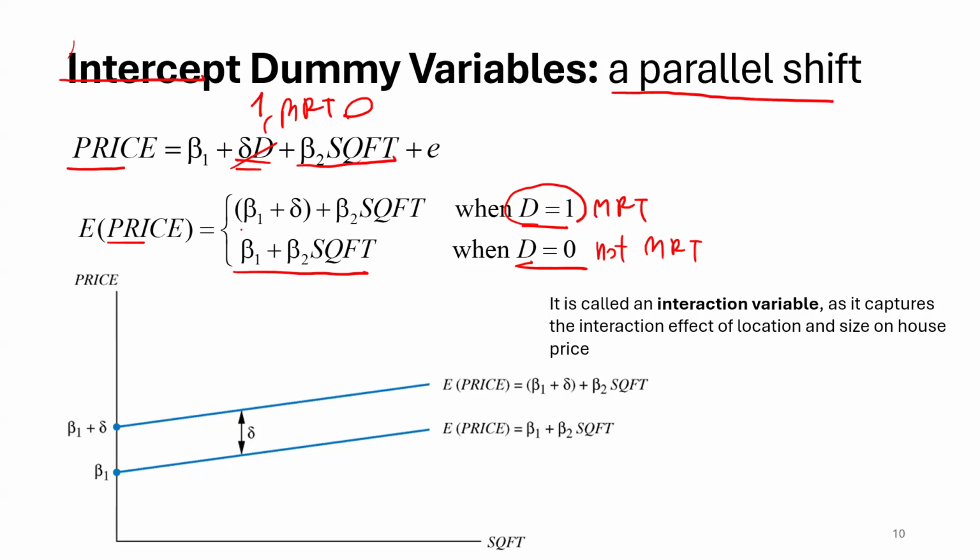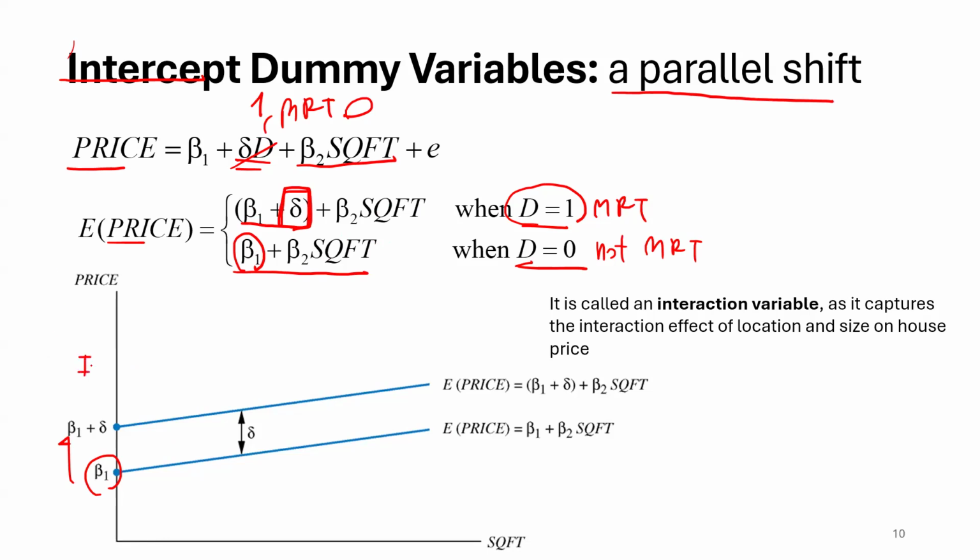So the intercept changes from beta 1 to beta 1 plus something. If we plot it on the chart, it means the starting point of the house is different. It shifts up.